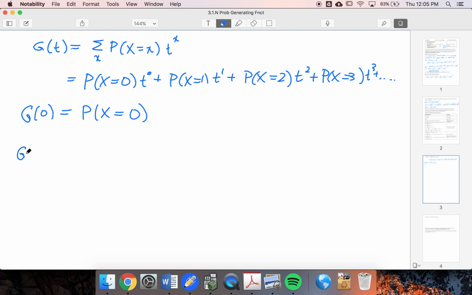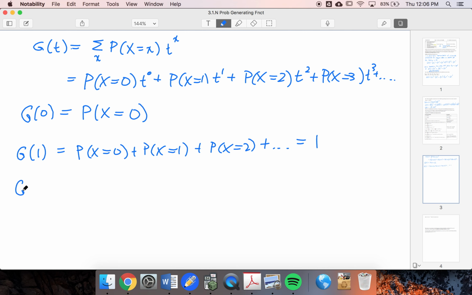Now let's look at G(1). Well, G(1) is the probability that X equals 0, plus the probability that X equals 1 times 1, plus the probability that X equals 2 times 1, etc. Well, that's all my probabilities summed together, so that's going to be 1.